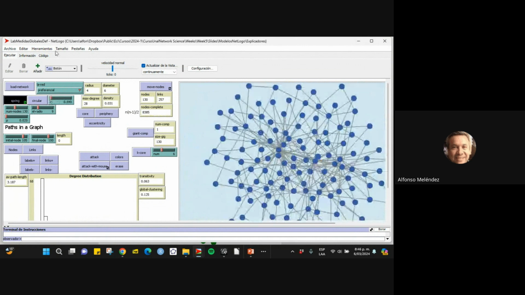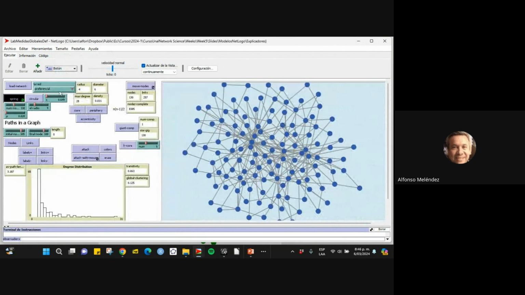Have we talked about the diameter of a network? No, we haven't. Here it says the diameter of this network is 6. Could someone tell me what could be the meaning of the diameter of a network? How to define it?